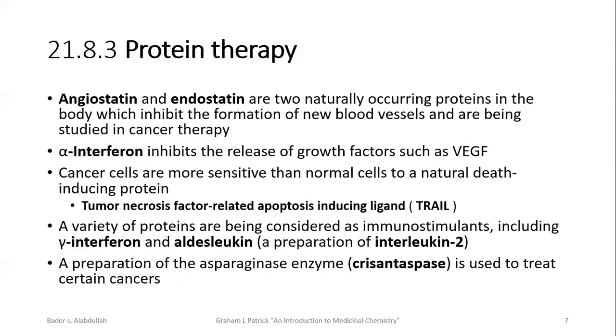Other examples are alpha interferon, which inhibits the release of growth factors, such as vascular endothelial growth factor, VEGF. Studies have shown that cancer cells are more sensitive than normal cells to a natural death-inducing protein. It has a very catchy name: tumor necrosis factor-related apoptosis-inducing ligand, or just call it TRAIL.